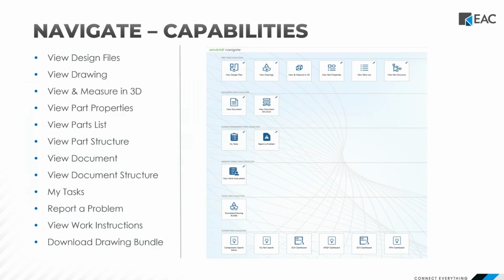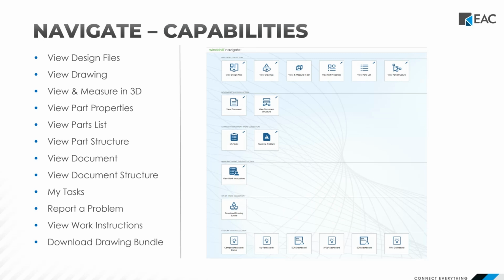So here's a long list of all of the out-of-the-box Navigate applications, and I won't list them all for you because everyone here can read, but I do want to mention just a few of the heavy hitters. The View Drawing app is amazing for people on the manufacturing floor that need to quickly access drawing data. The View Parts list is great for procurement and purchasing since it gives a nice view of quantities and BOMs.